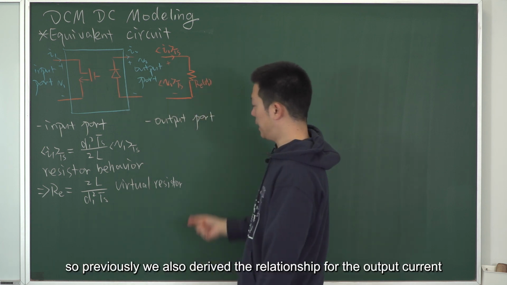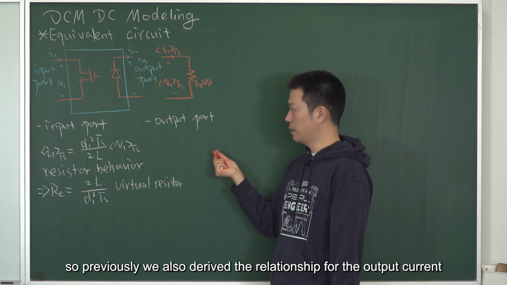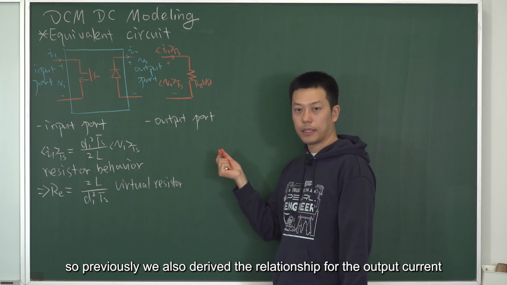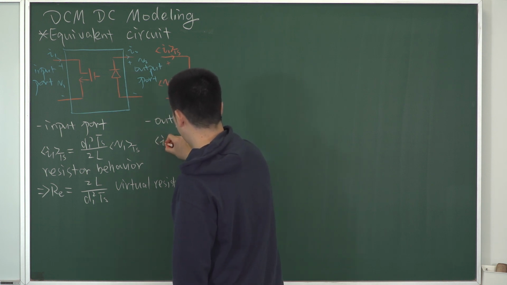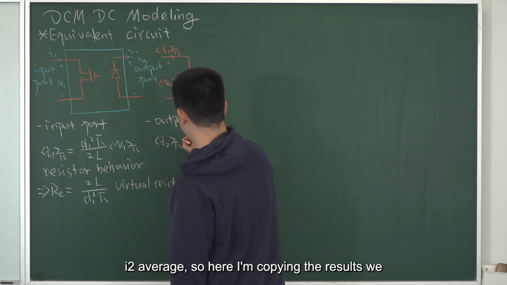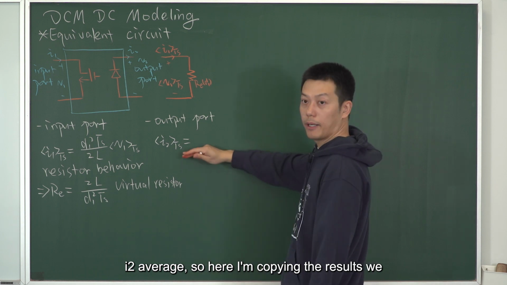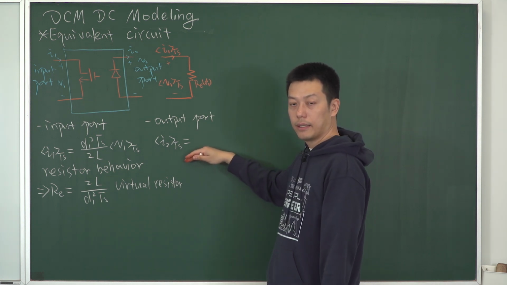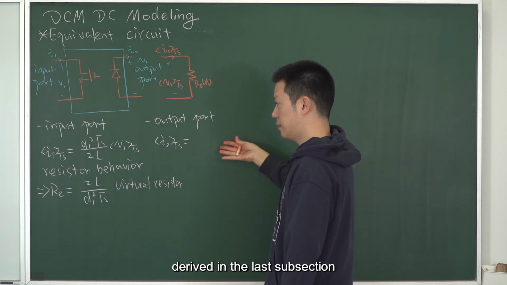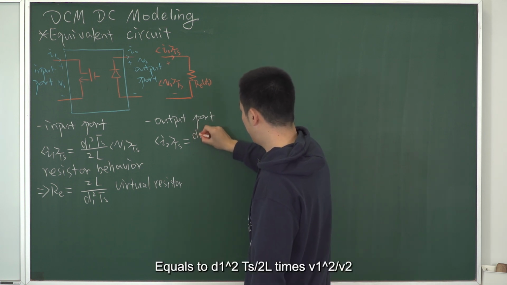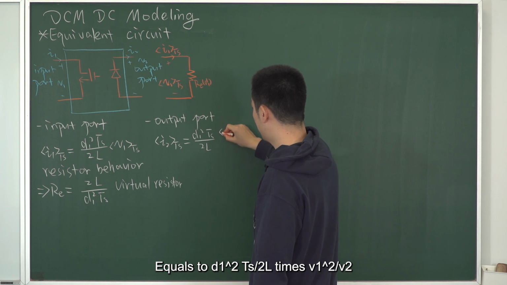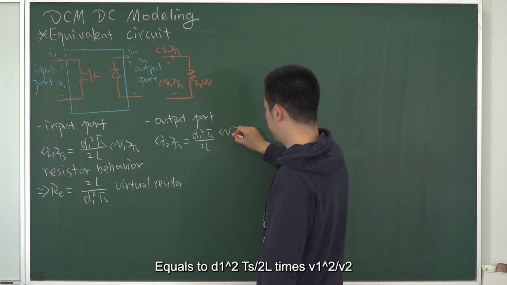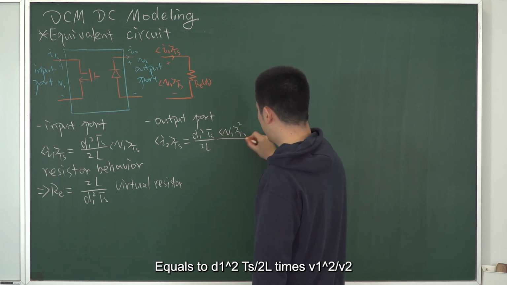So previously, we also derived the relationship for the output current, I2 average. So here I'm copying the results we derived in the last subsection. It equals D1 squared Ts over 2L times V1 squared over V2.